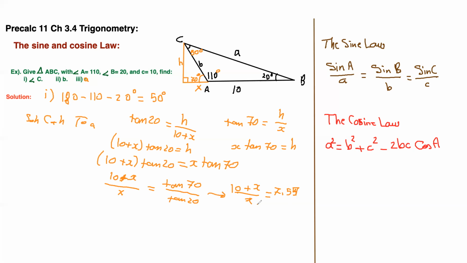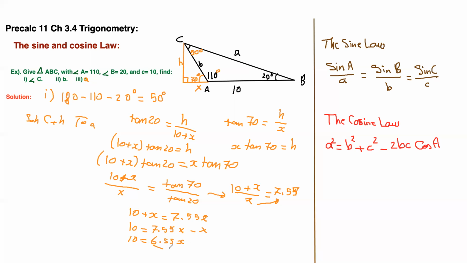Now what I'm gonna do, cross multiply the x into there, and then I'll have 10 plus x equals 7.55x. And I'm gonna move this x to the other side, so I'll have 10 equals 7.55x minus this x, which gives me 10 equals 6.55x.